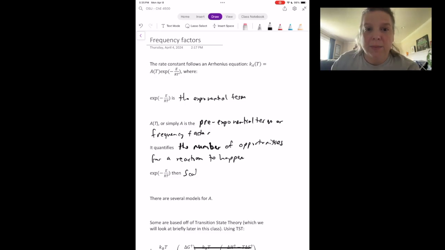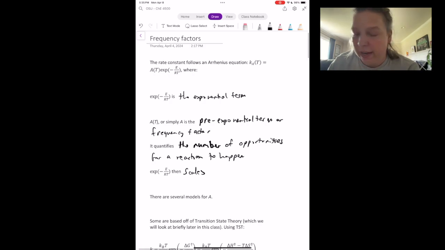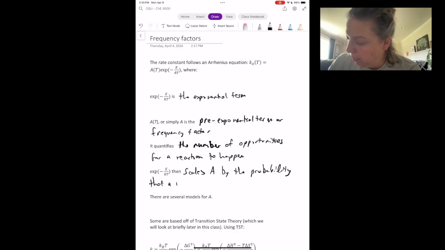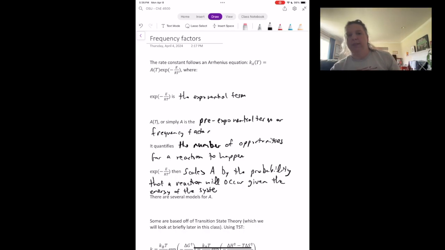So the exponential term is going to scale the frequency factor by the probability that a reaction will occur given the energy of the system.